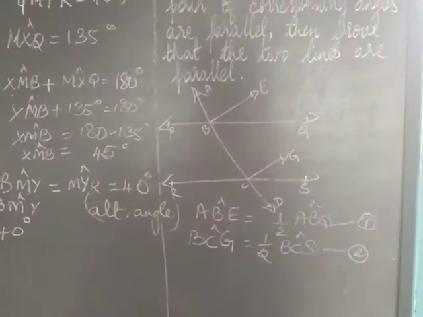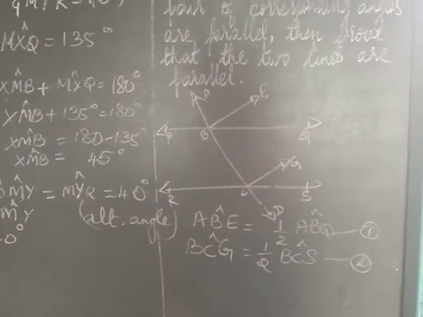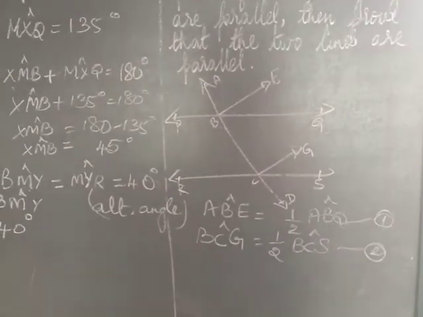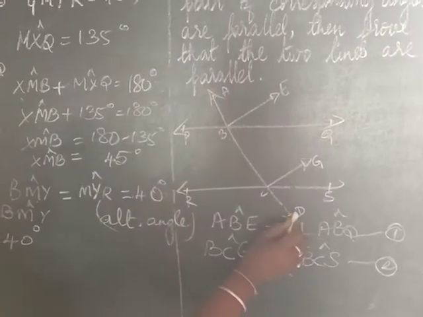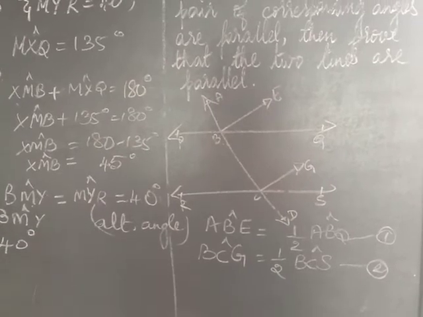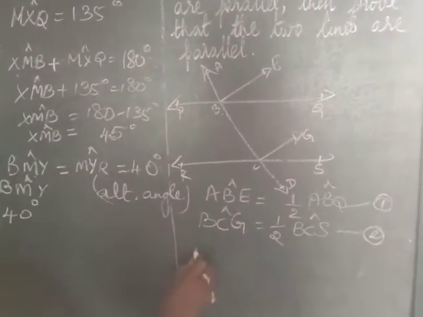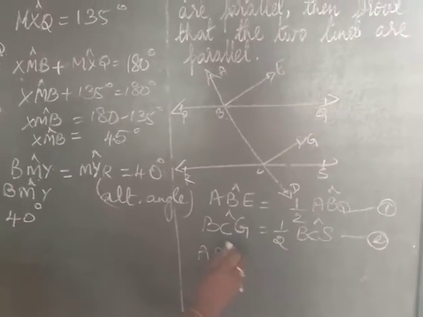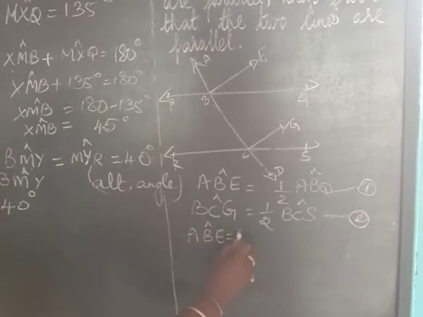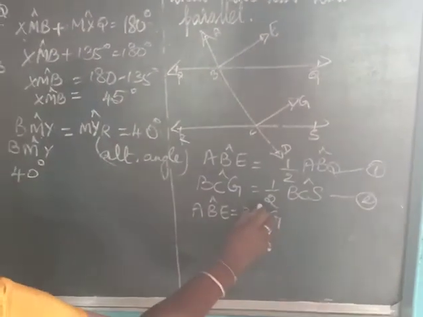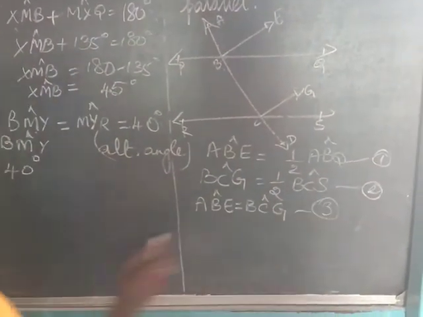Now we have BE parallel to CG, and AD is the transversal. Therefore angle ABE is equal to angle BCG. Call this 3.